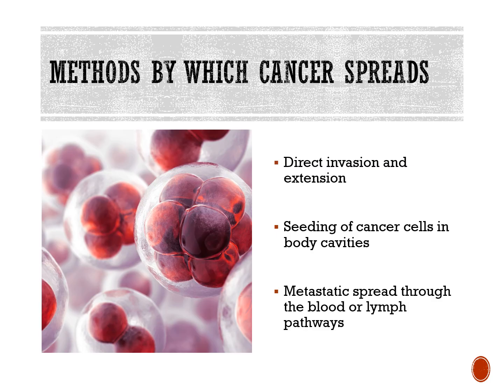Another is by seeding of cancer cells into body cavities. When we talk about body cavities, we're talking about things like the peritoneal cavity, which is that space in the abdominal area. They can also spread themselves into pleural cavities, which is the space between the lungs and the pleura that surrounds it. They can get into the pericardial cavity, which is the space between the heart and the pericardium, which is the sac that surrounds the heart.